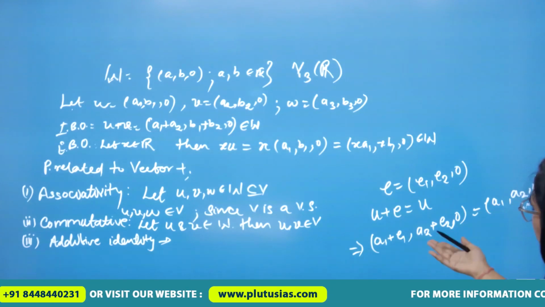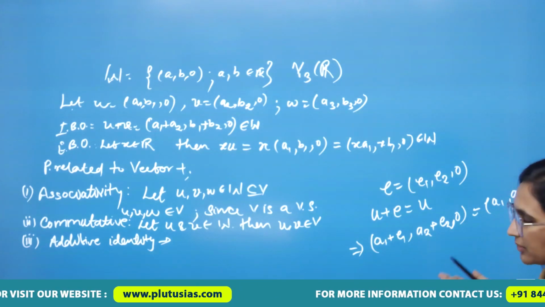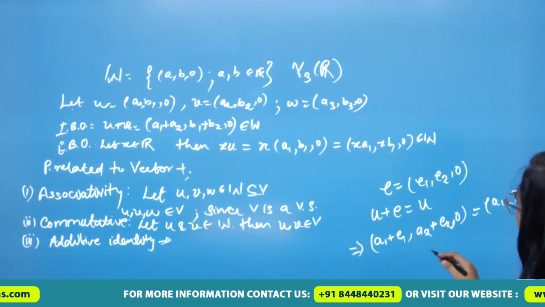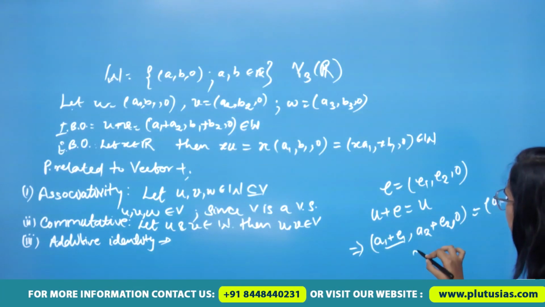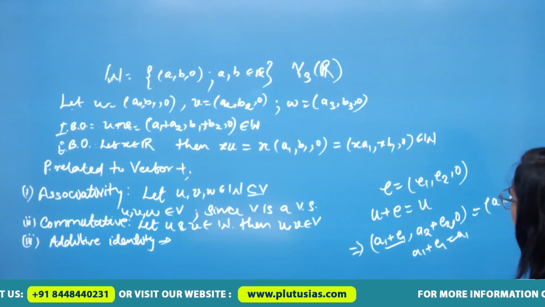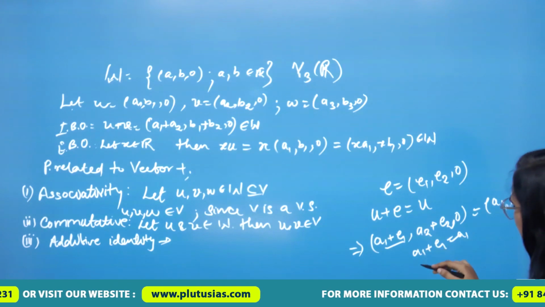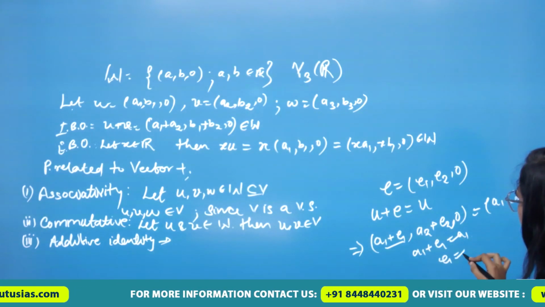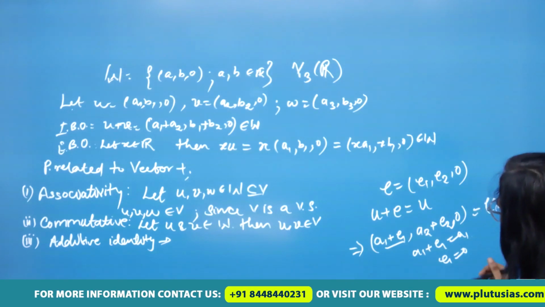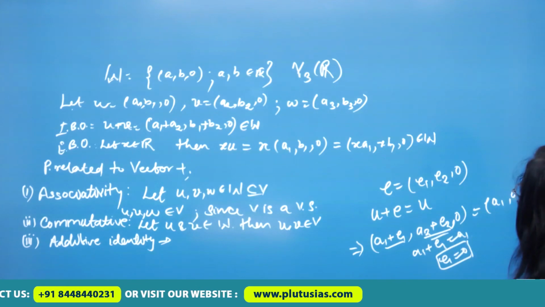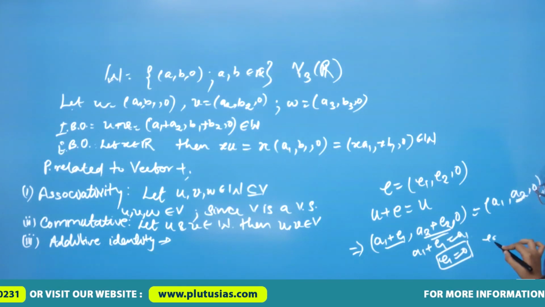Now we have to compare component wise, because in a tuple we compare component wise, right? So if a1 plus e1 is equal to a1, then what will be the result? a1 would cancel out and e1 would be equal to 0. Similarly, comparing the second component, we get e2 is equal to 0.